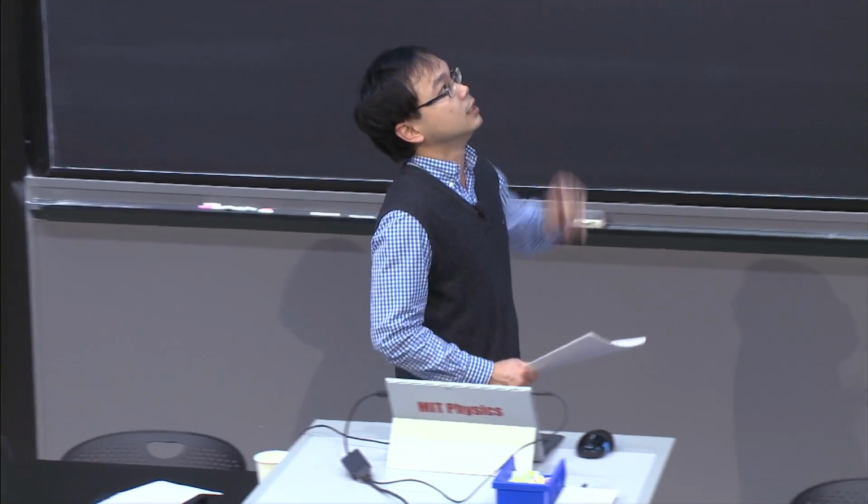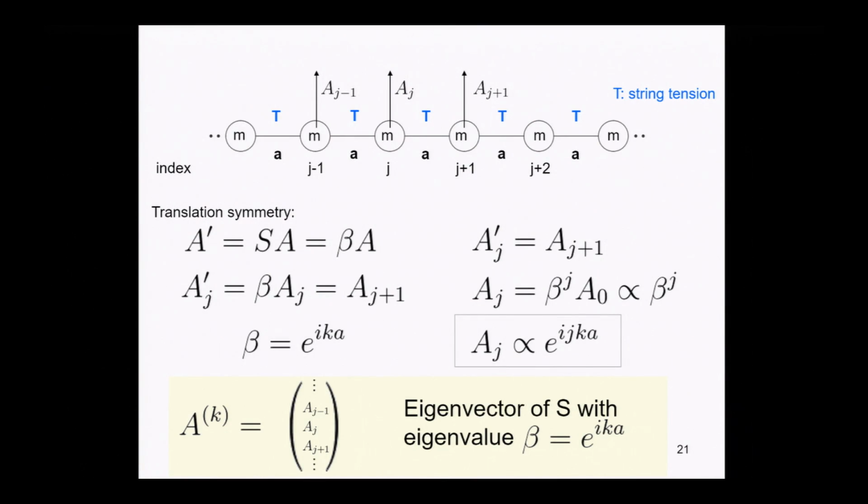Making use of the S matrix brings you to the conclusion that A_j must be proportional to exponential i j k a, where a is the length scale of this system, the distance between all those little masses, and j is a label which tells you which little mass I am talking about.